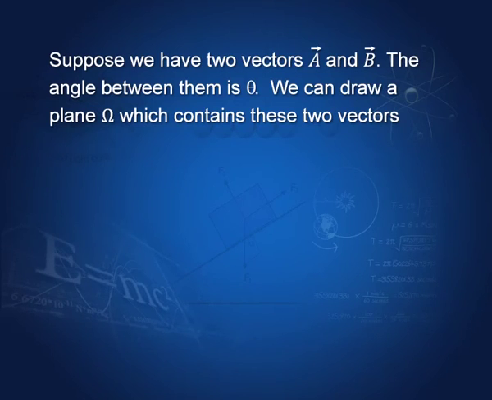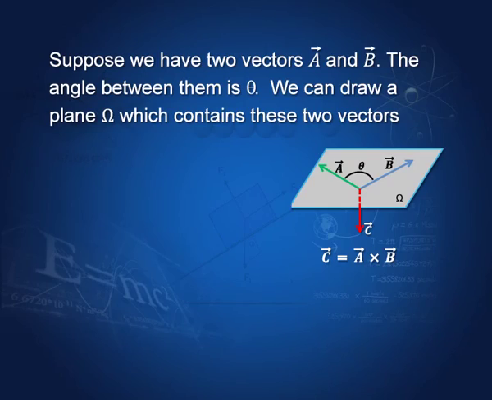Now, suppose we have two vectors A and B, and the angle between them is theta as usual. We can draw a plane omega which contains both these vectors. As shown here, we have vector A and vector B, there is an angle between them and they are in the same plane omega. What is the product?